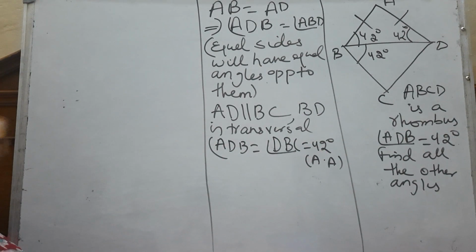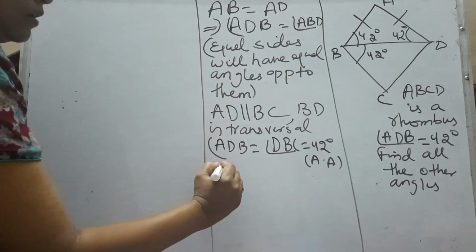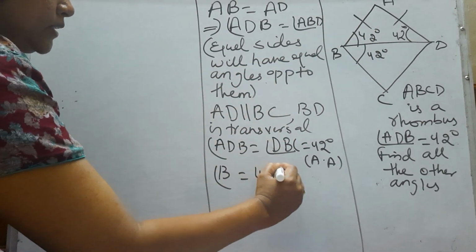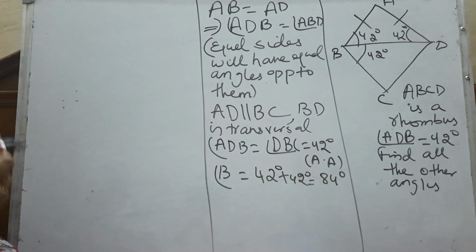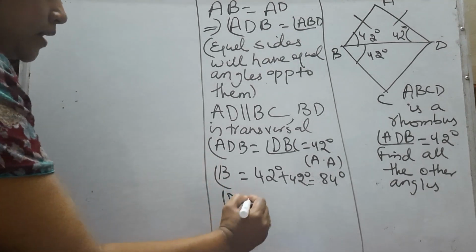Now, if you observe, what is angle B then? Angle B is nothing but 42 plus 42, which is 84. Now you got angle B equal to 84 degrees. So definitely angle D will also become 84.